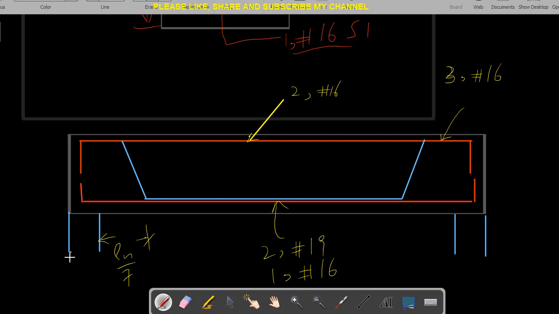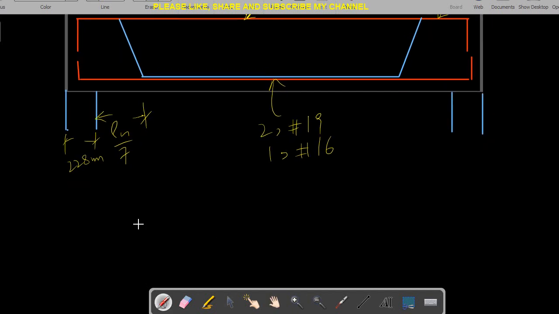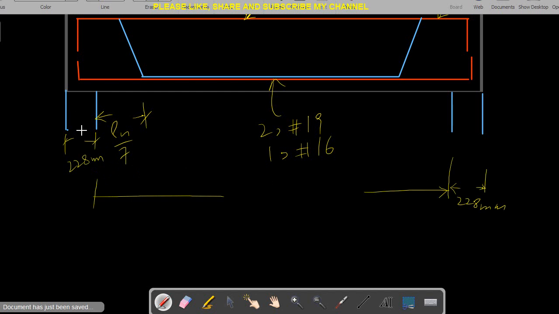Make sure the support is 228 millimeter, right? The clear span, this is important, right? This is important. The clear span will be, because the center to center spacing is 3.5 meter, if we subtract half of this and half of that, so I got 3500 minus 228 divided by 2, half of this bearing support minus half of the second support.